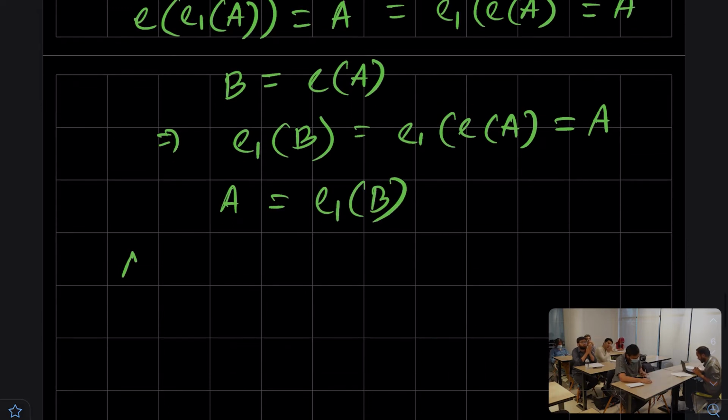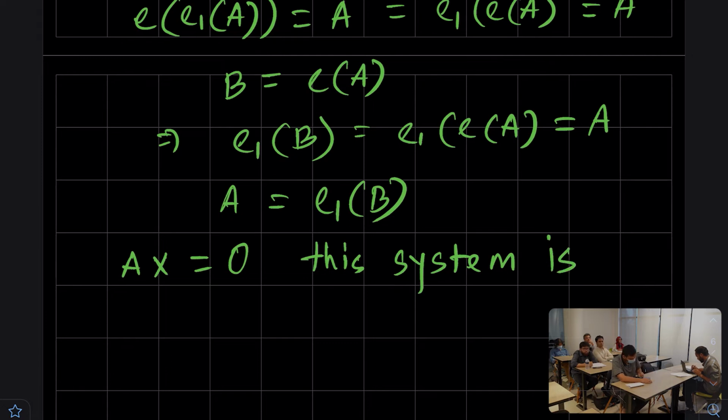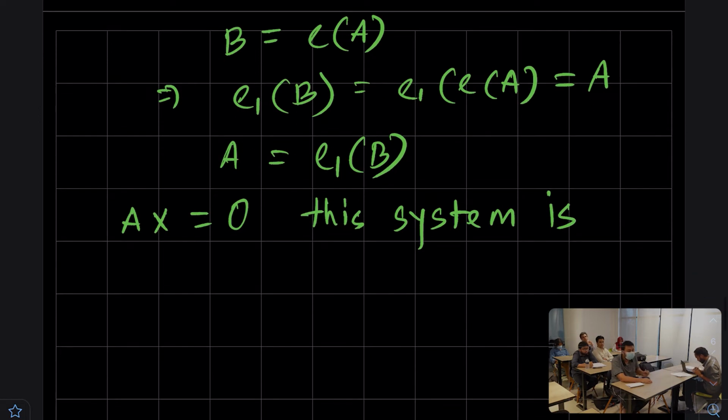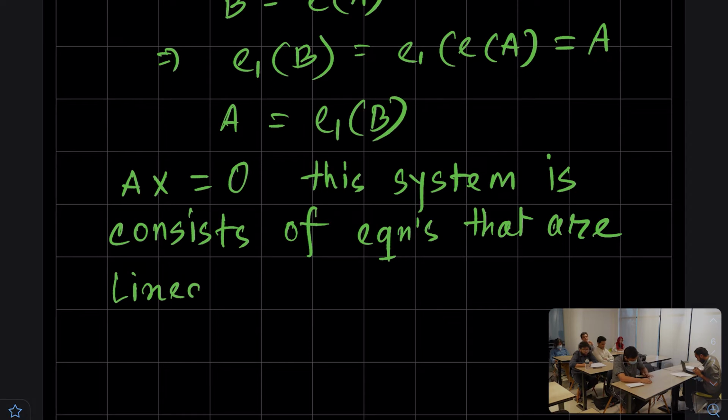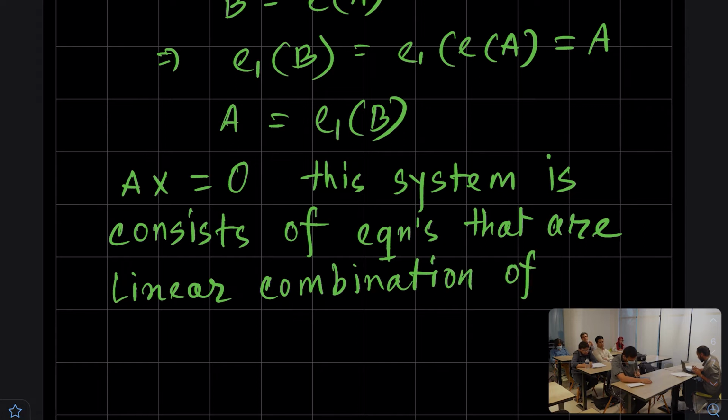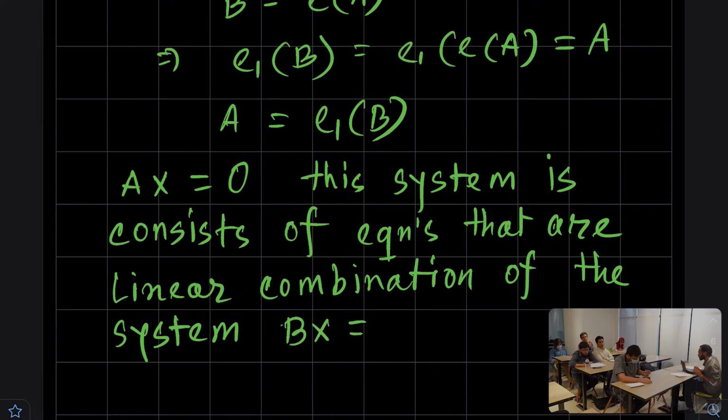So that means Ax equal to 0, this system consists of equations that are linear combinations of the system Bx equal to 0, right?